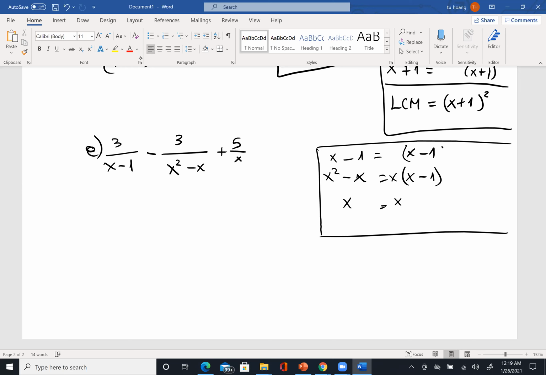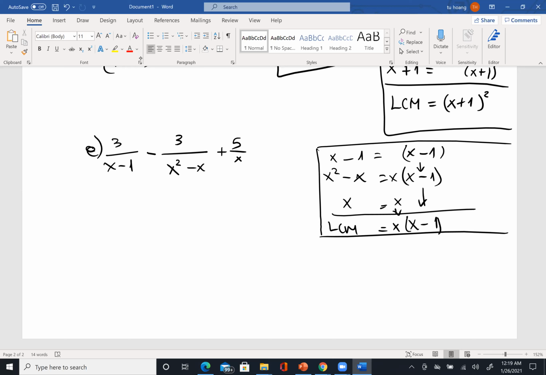Okay, so you see that there is a common factor. The LCM now becomes x minus 1, and then the x here is also only x.